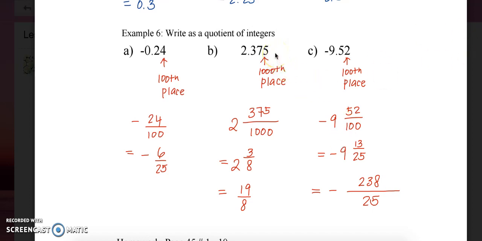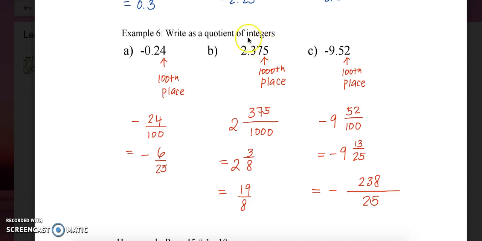So take a look at 2.375. 2 is a whole, so you can write it as a mixed fraction first. And then 375 in the third decimal place. This is the same as the 1000th place. So you make 375 over 1000. You can simplify this fraction into 3 over 8.